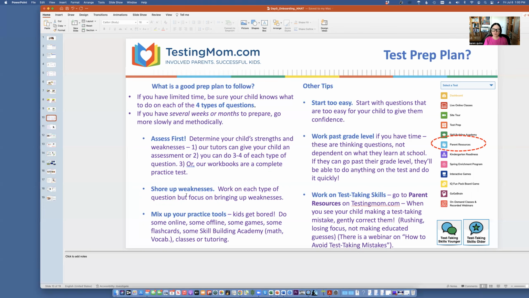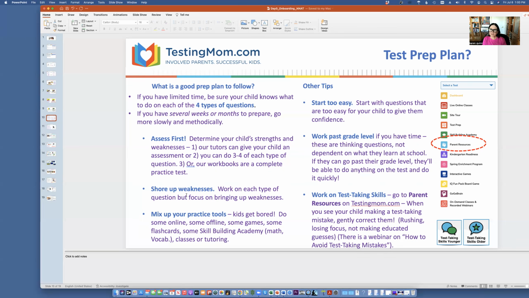Now I know what I'm doing. So it takes a little while, but then they get it. And so that's why we want to work on those weaknesses, because that light bulb may go off and suddenly your child will be able to do those types of questions much more easily. And then, of course, still work on the ones that they do well, because you want to maximize their score.